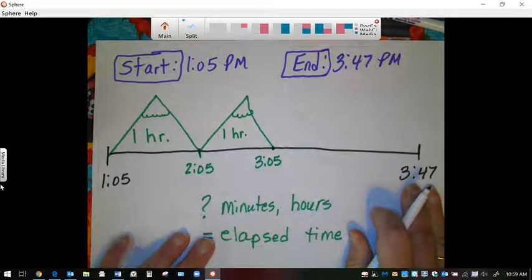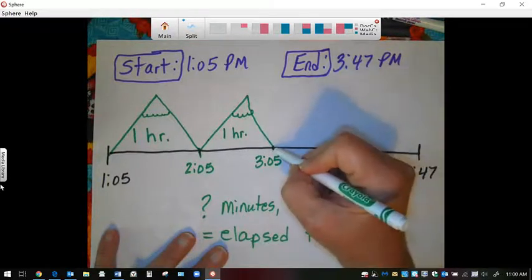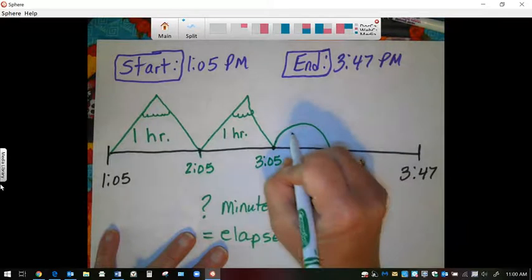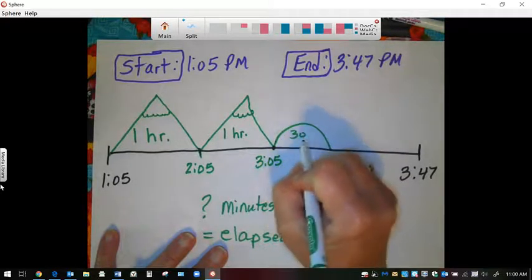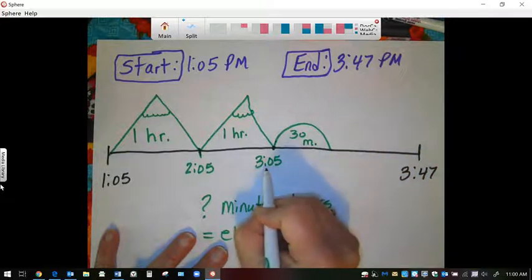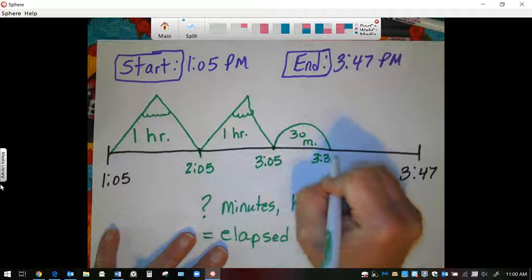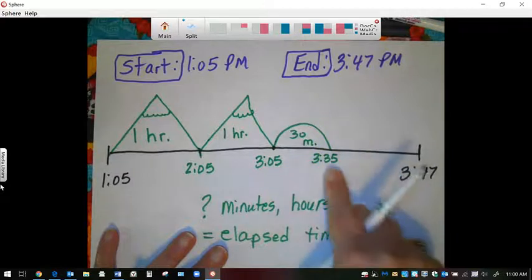So now that I'm closer, I'm going to use the smaller units and I'm going to use the hills. So I'm going to make a 30-minute hill. And from 3:05, if I add 30 minutes, now it is 3:35. And you see that I'm getting closer.